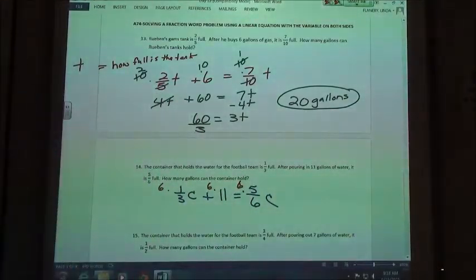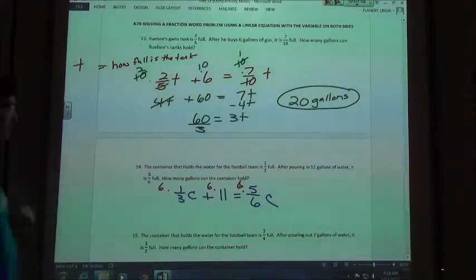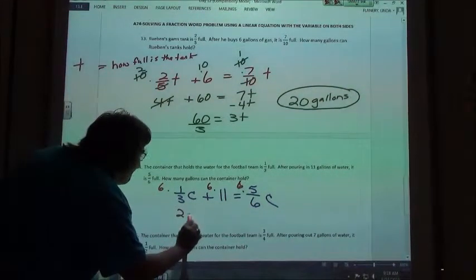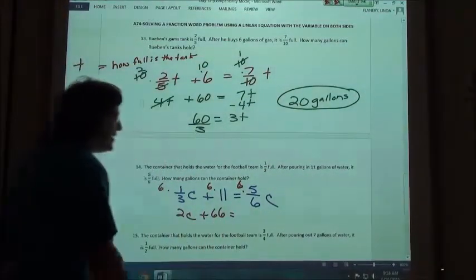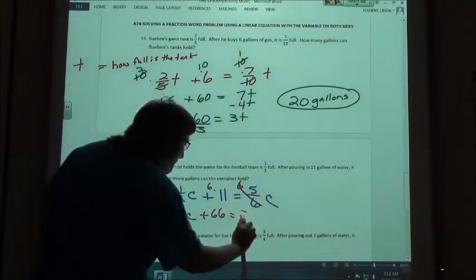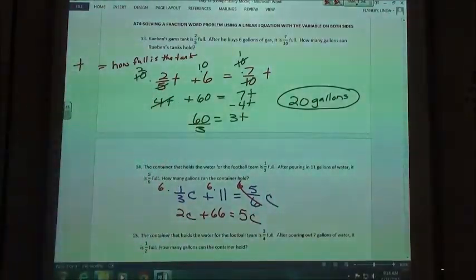Now you could do 18 if you really wanted to, but if you use your least common multiple, then your numbers aren't so big. So 6 times 1/3 C would give me 2C plus 6 times 11 and 6 times 5/6 C will give me 5C, right?